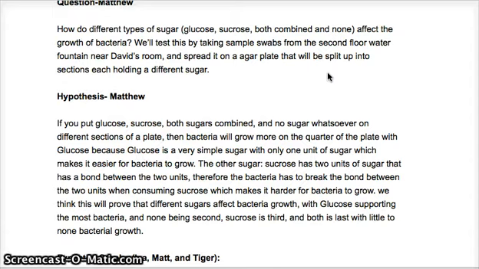Sucrose is going to be a little harder for bacteria to consume because they also have to break down one layer, then another layer of sugar. Both will be our last and have the least amount of bacteria because it has both glucose and sucrose. The glucose doesn't really matter, but the sucrose will definitely make the difference in the bacteria colonies.